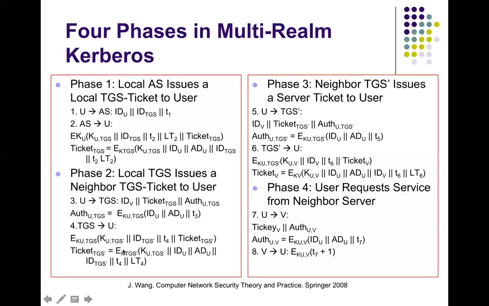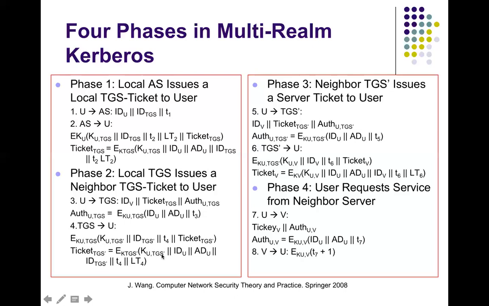That master key is K sub TGS prime, the master key shared by the 2 TGSs in neighboring realms, so that the neighboring TGS can decrypt this message and get the session key for you and the neighboring TGS.